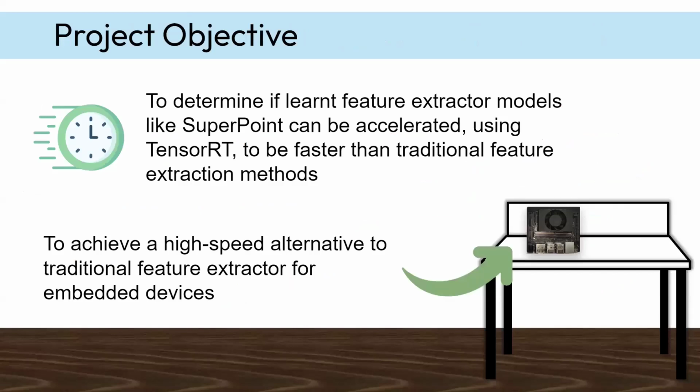This project aims to investigate the use of TensorRT with floating point 16 precision to determine whether it can accelerate learned feature extractor models, specifically SuperPoint, to achieve a high-speed alternative to traditional feature extraction methods used in visual SLAM systems, particularly to run it on embedded devices.